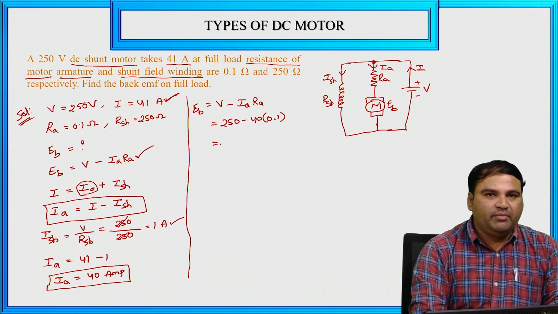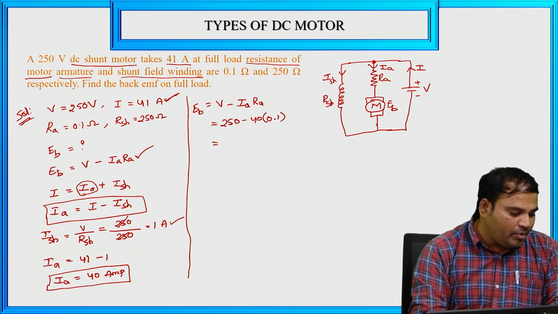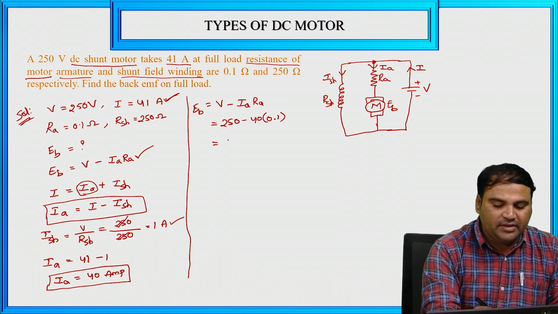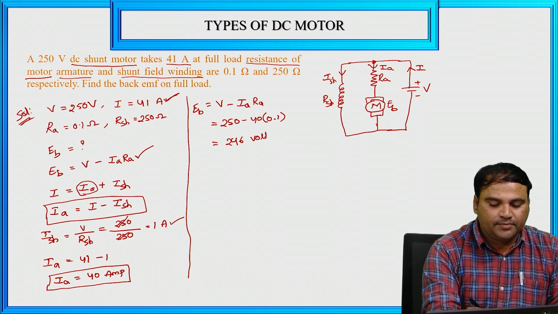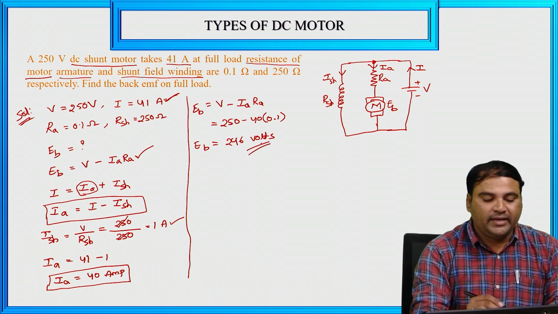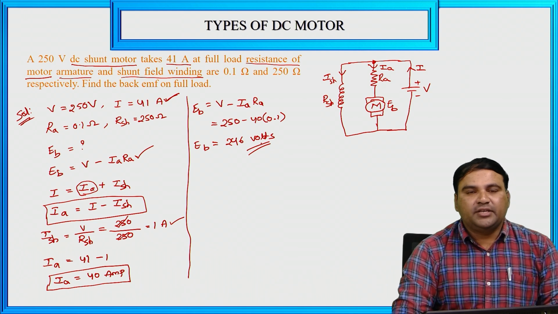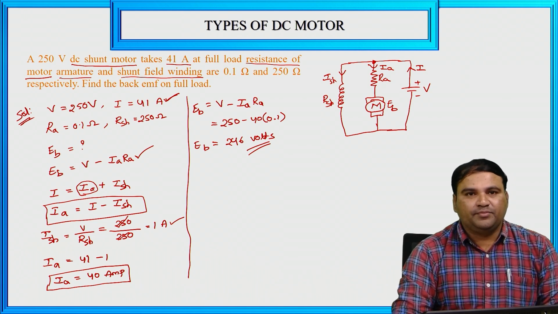So 250 minus 40 into 0.1. So by solving this equation, we'll get 246 volts. This is the back EMF of given shunt wound DC motor. Okay, so EB equal to 246 volts.